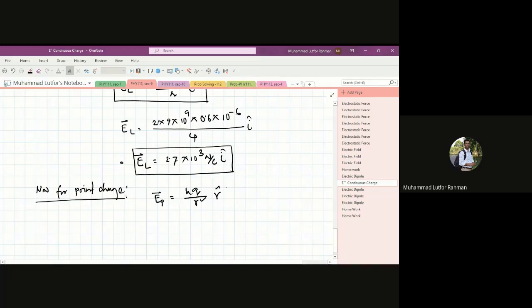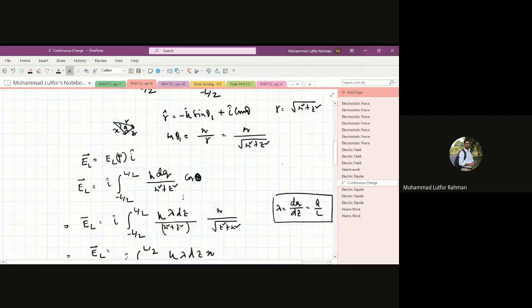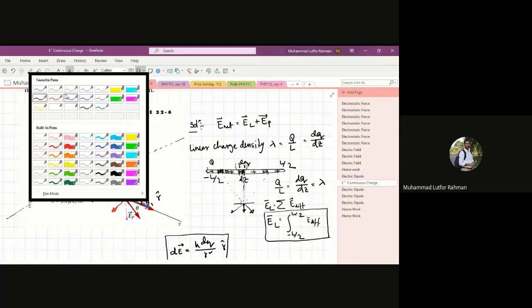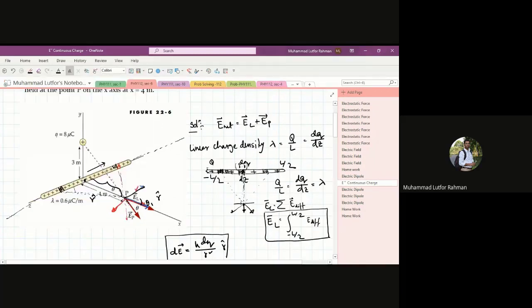Or you can write this as R_P hat so that you can differentiate. The R_P hat is the unit vector for this point charge. This is the R_P, which will be toward that direction, right? This is the unit vector for R_P.